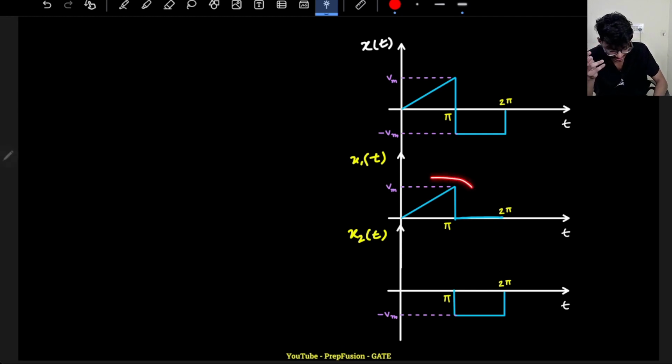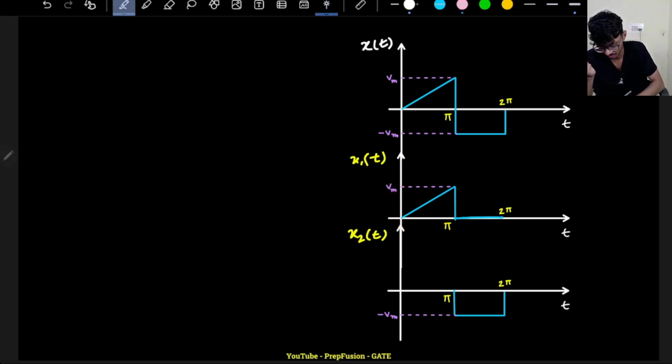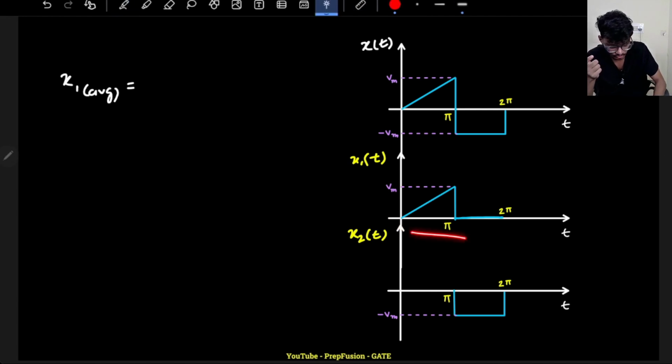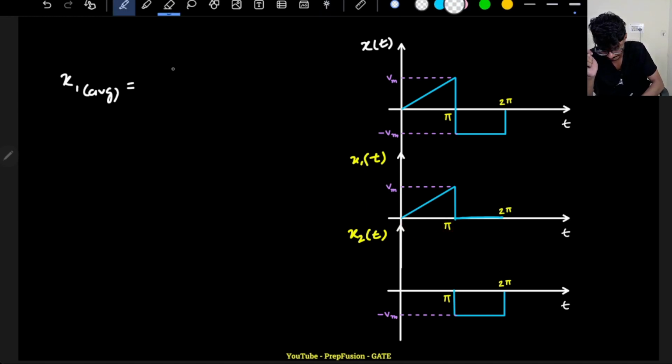So individually, what is the average of this? The x1 average is area divided by the time period. What is the area? It is half base into height, a simple triangle, right? So half into base, which is pi, into height, which is Vm.